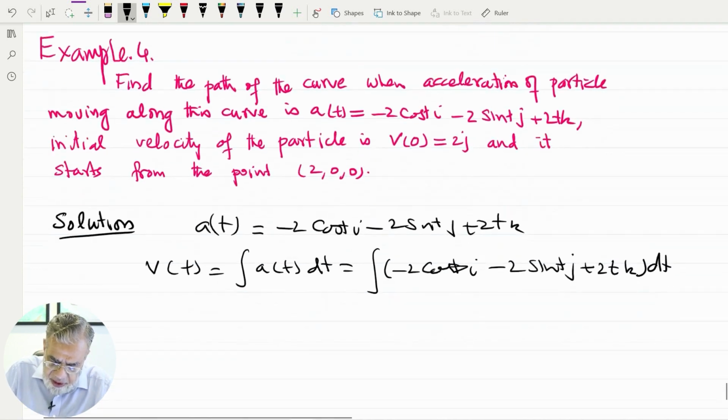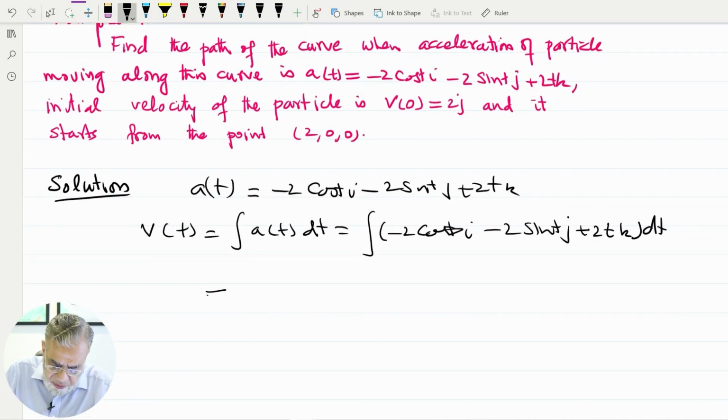Here I just integrate it. We must know the formula for integration. As I mentioned before, we must know exactly that the integral of cosine t is sine t. So we get minus 2 sine t plus c1 into i.